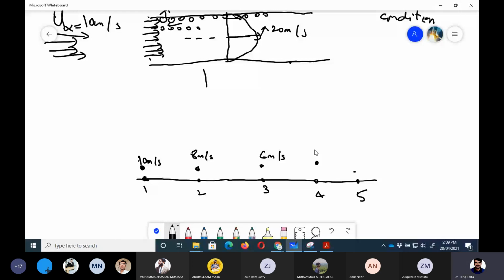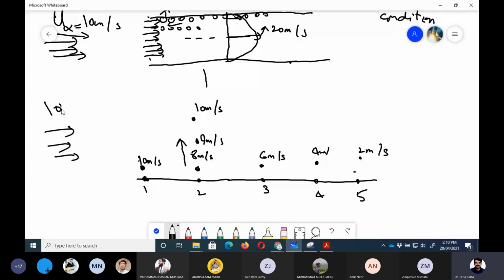Now, what happens to the velocity in the wall normal direction? It would increase. Maybe here it is 8, maybe here it would be 9 meter per second, and then after some distance it would be 10 meter per second here, right? Which is the uniform value which is coming from here, 10 meter per second.